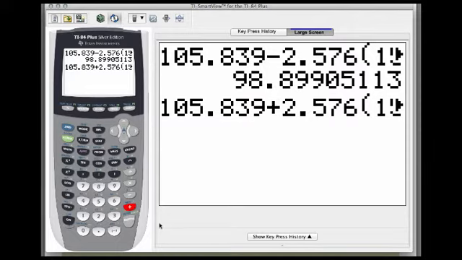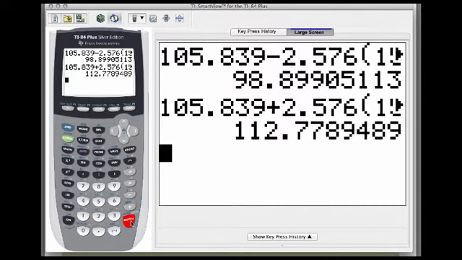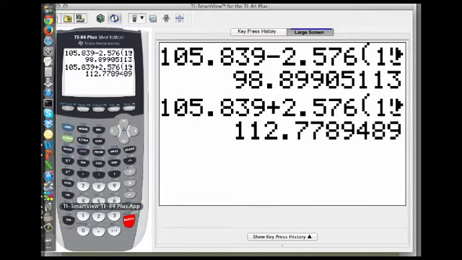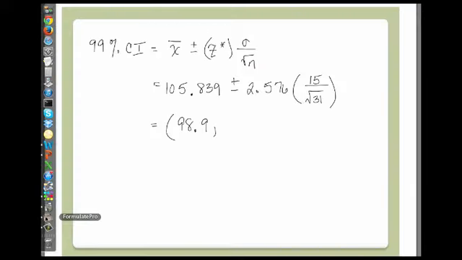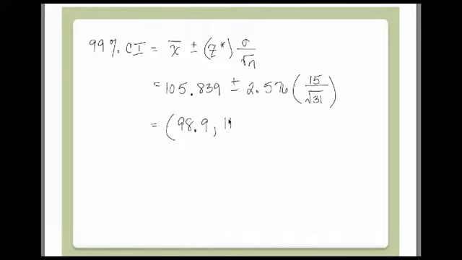So just change it to a plus right there. Keep everything else the same. There's your right hand endpoint. So like 112.78. And that's your confidence interval.